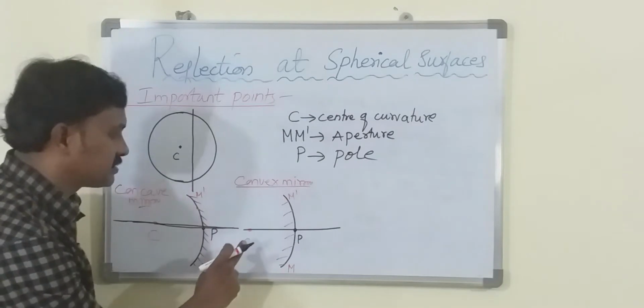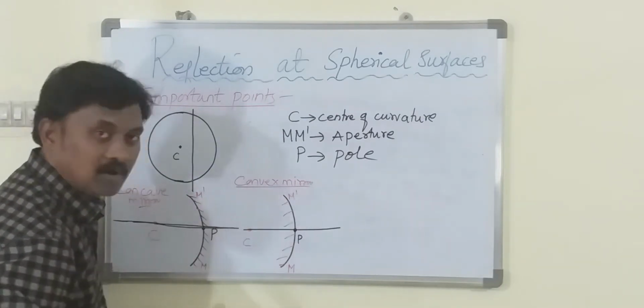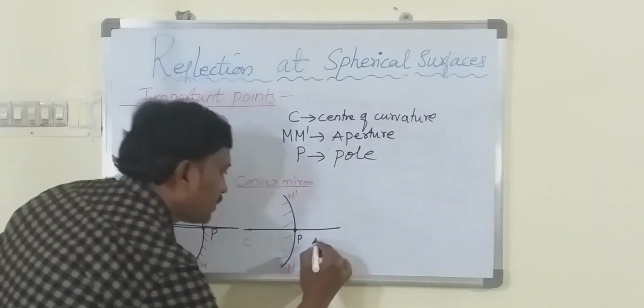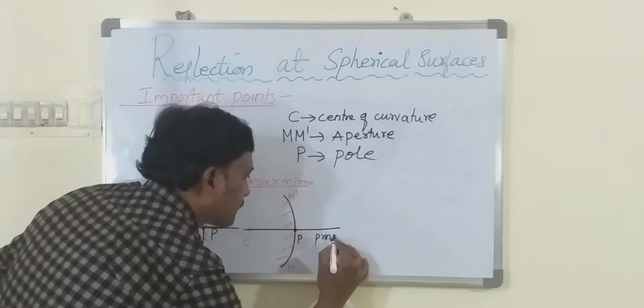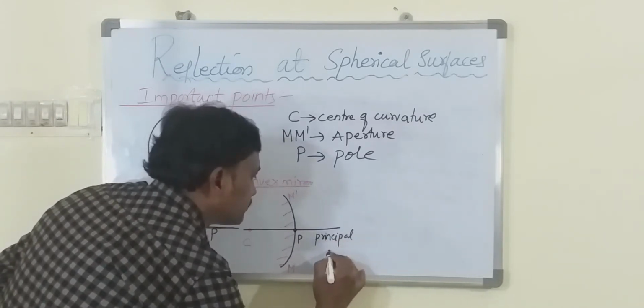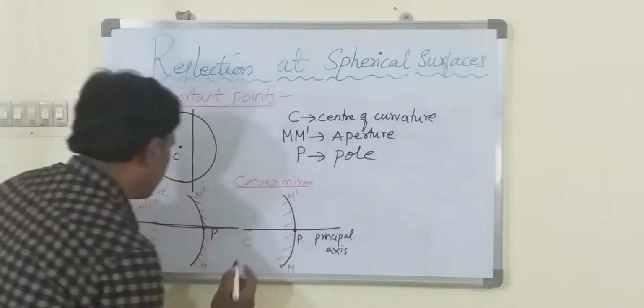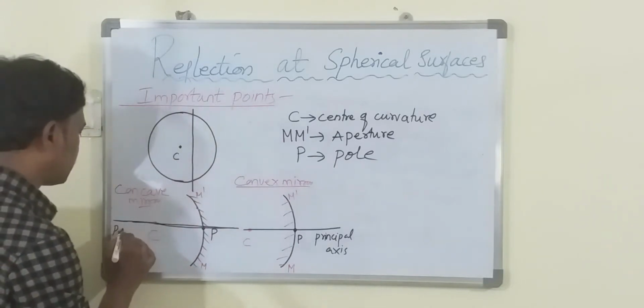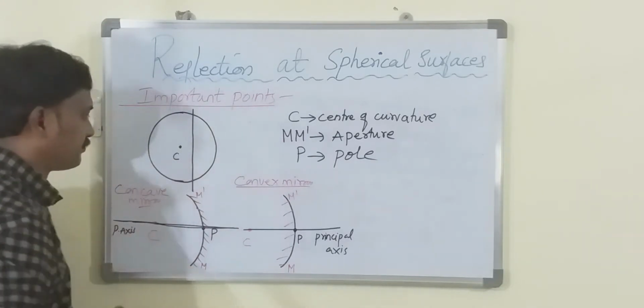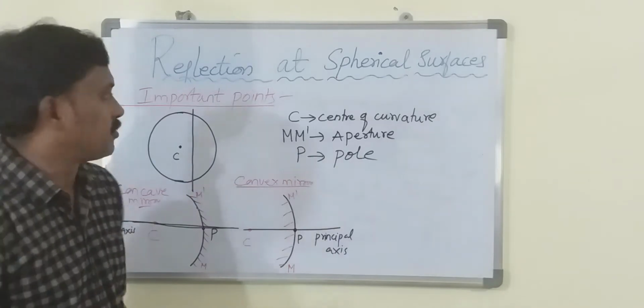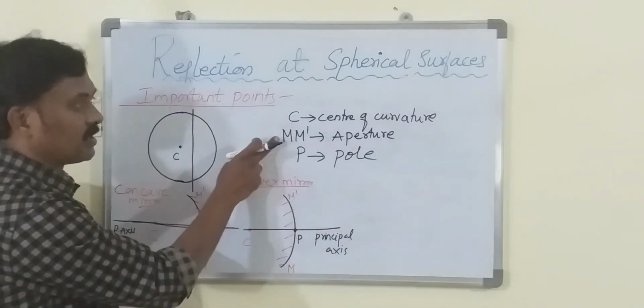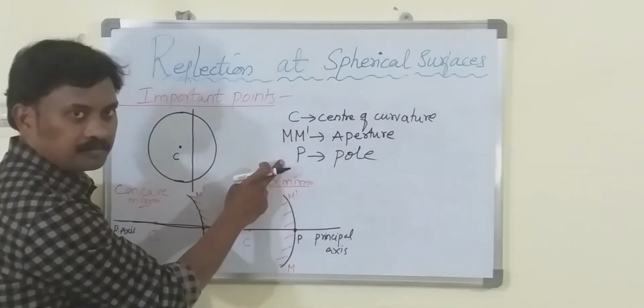We have the principal axis in the case of the convex mirror also. So this is the principal axis. So we have seen three important points: center of curvature, aperture, and the pole.